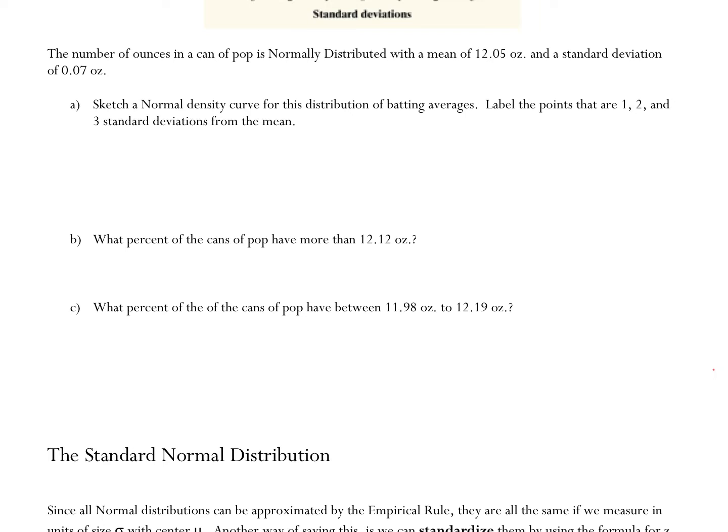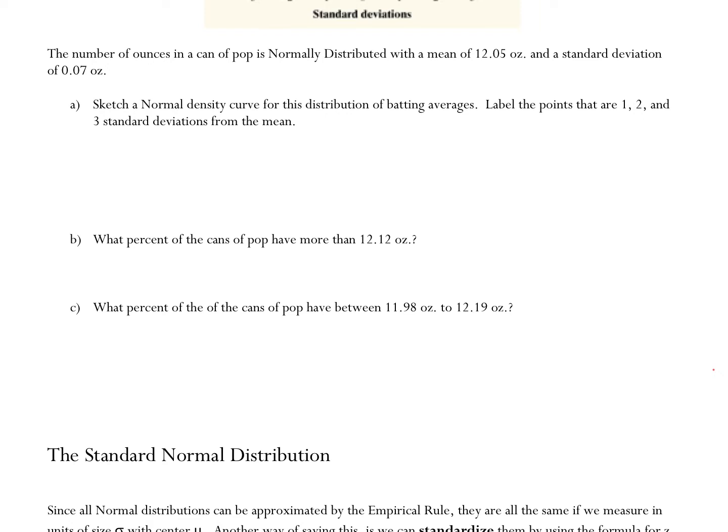Okay. And if I asked you to describe the distribution of the amount of ounces going in that soda, most of the time it's going to be pretty darn close to the mean average. But sometimes it's going to be a little more, sometimes a little less. And typically in some of those manufacturing processes, especially for sodas, they slightly overfill, to be on the safe side.